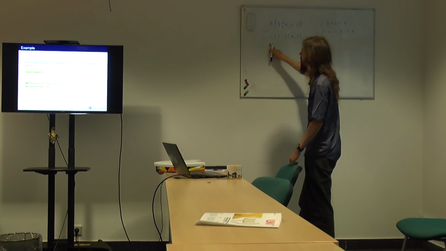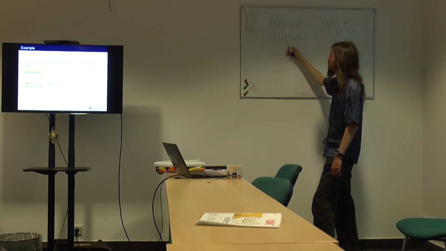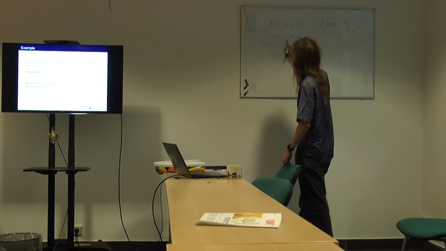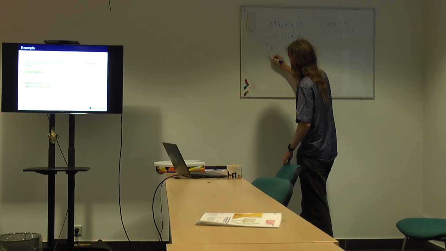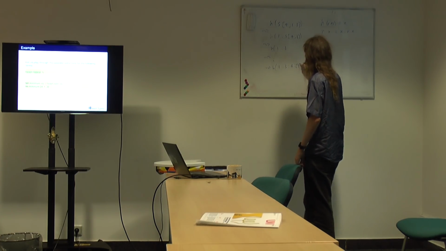Okay, so now we've got the same kind of setup again. We've got a choice. We can either reduce head now, or we can reduce sort. This time, if we keep going down the line of reducing sort, after a number of steps we're going to get to head of 1 cons 3 cons 4 cons empty list.